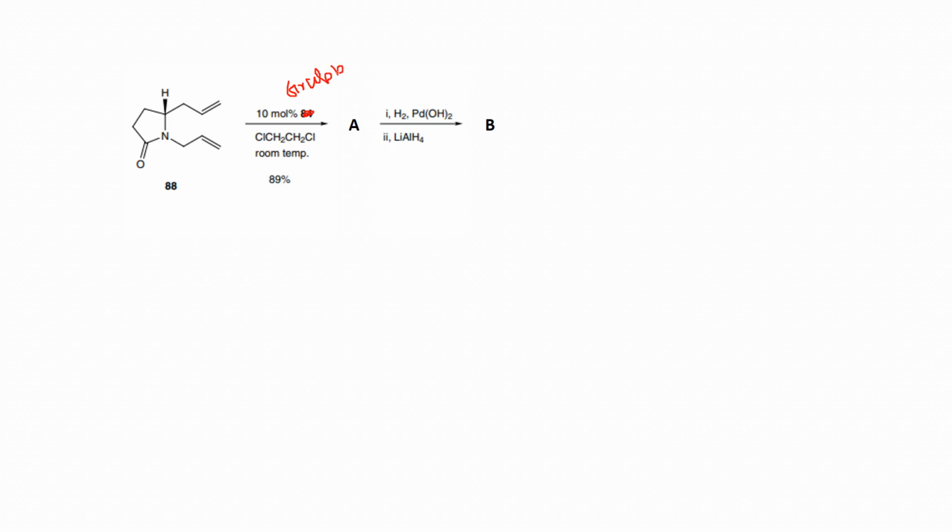So we know what happens when we add Grubbs' catalyst. On using Grubbs' catalyst, this diene will just cyclize, forming this alkene.